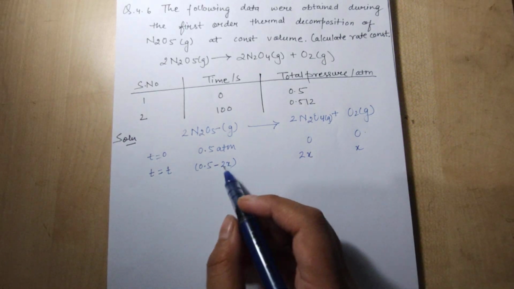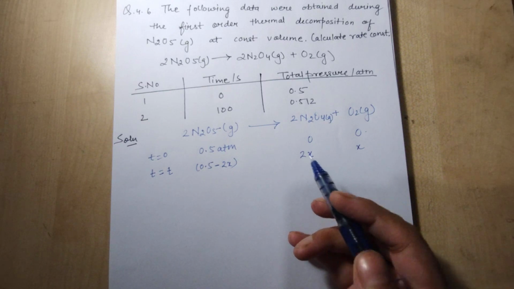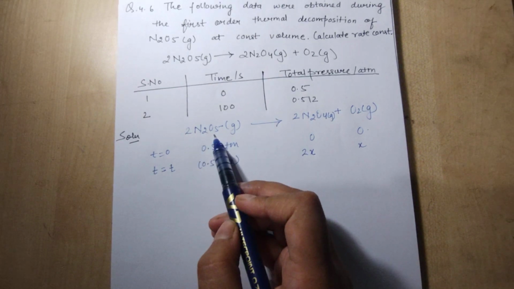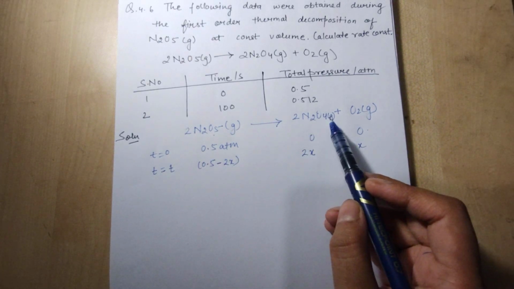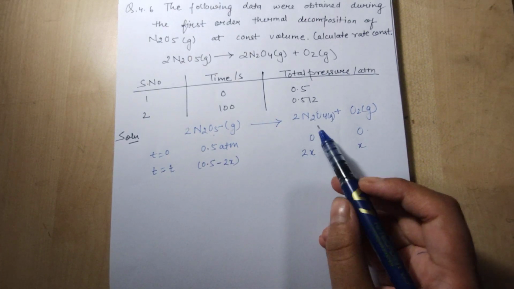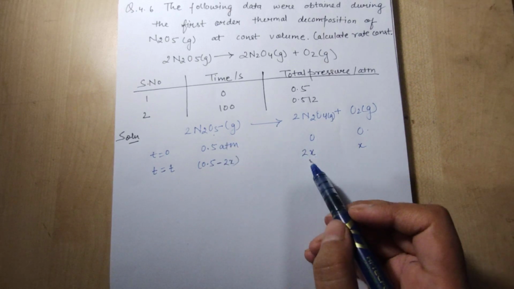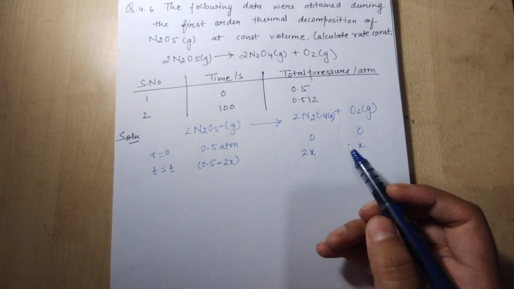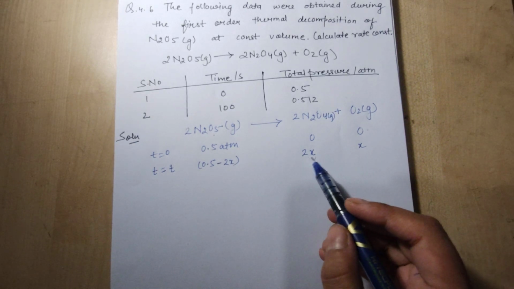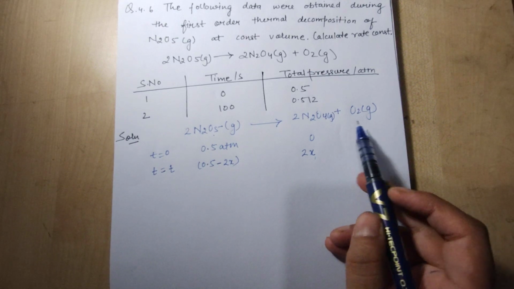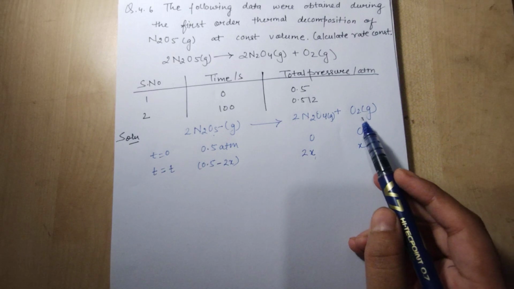So how do we write this equation like this? Because here 2 mole of N2O5 react to form 2 mole of N2O4, that is 2x. We will denote 1 mole as x and 2 mole as 2x. So the final pressure will be 2x and x, because here 2 is given and here 1.